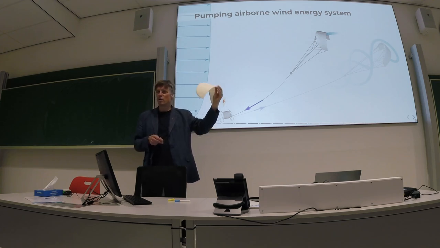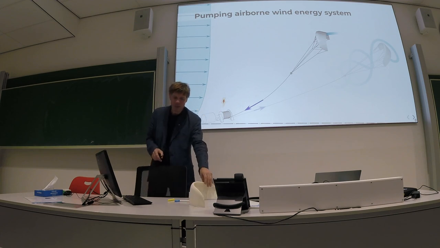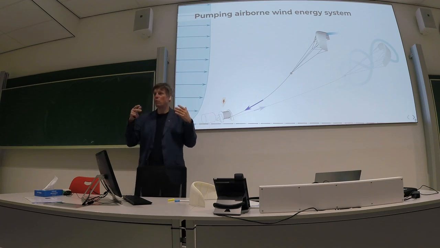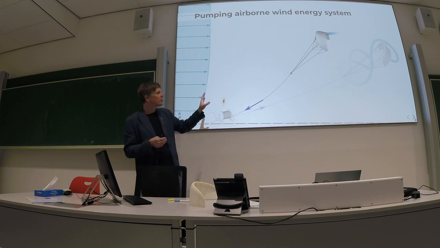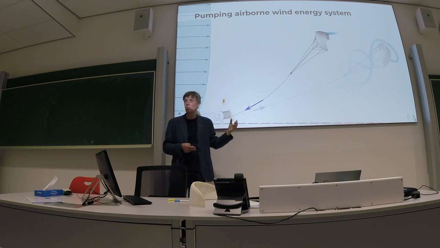And then you come down when there is again more wind. It's very important for these concepts that you know exactly what the wind speed is where, because you can optimize the operation, because you can reel out more or less, and by that adjust the operation of the kite. You can't do that with the wind turbine.